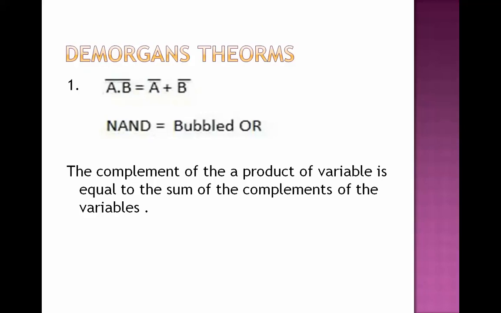So we have to always remember that whenever in a Boolean expression or in some logic gates we have (A and B) whole complement, we can simply replace it by A complement or B complement. So (A and B) whole complement is always equal to A complement plus B complement. This is the first theorem of De Morgan.